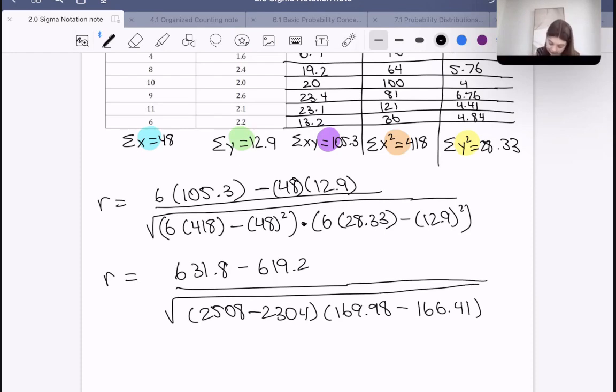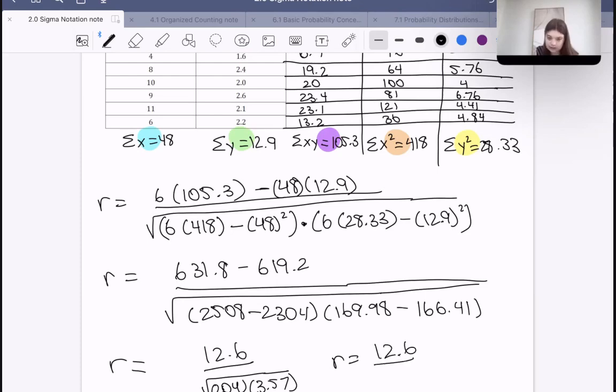There we go. That's better. That's going to be 12.6 over the square root of 204 times 3.57, which is going to be equal to 12.6 over 26.99, which is equal to 0.47.